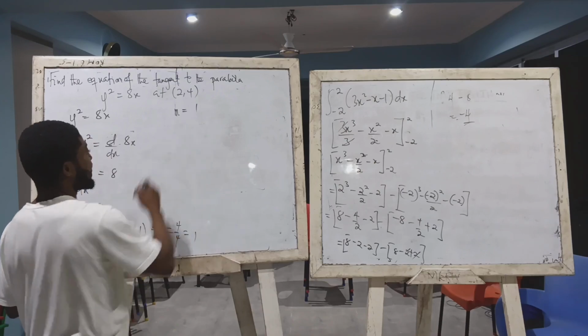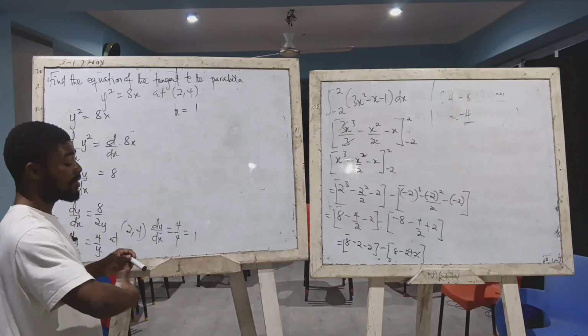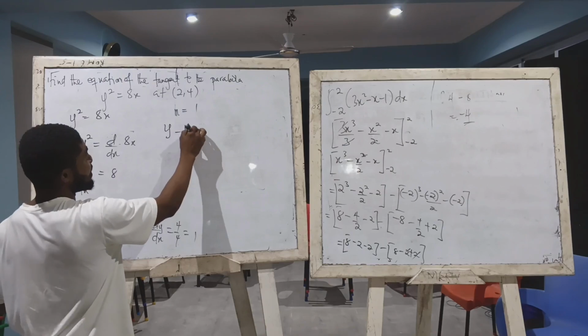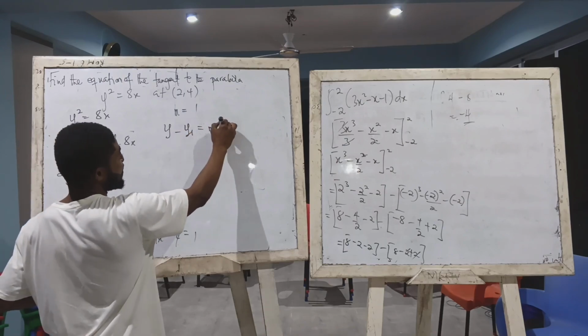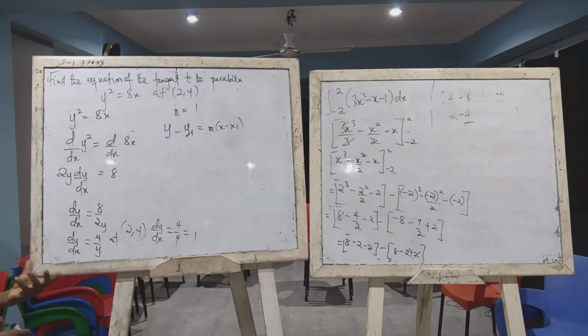And then finding the equation of the tangent, we use the general form of the equation, y minus y1 is equal to m into bracket x minus x1. y1 in this particular instance is going to be 4.